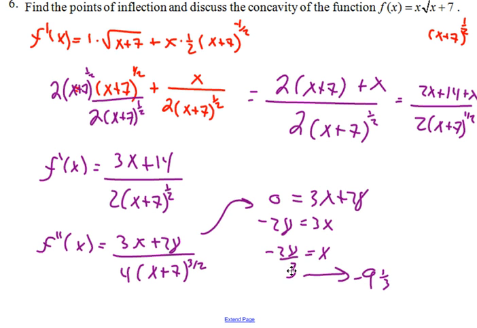Okay, so negative 28 thirds is negative 9 1/3.